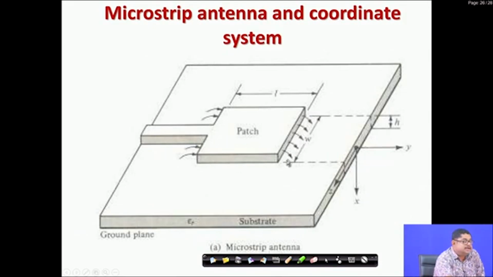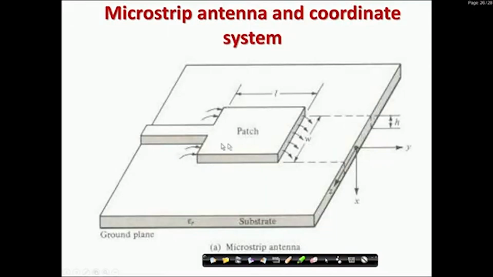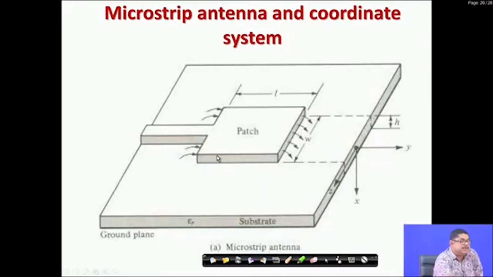We can consider this a rectangular type of aperture. I can analyze it: this is simply the top metal and bottom metal filled with dielectric, that is like a parallel plate waveguide. So, there is no radiation from this parallel plate waveguide.